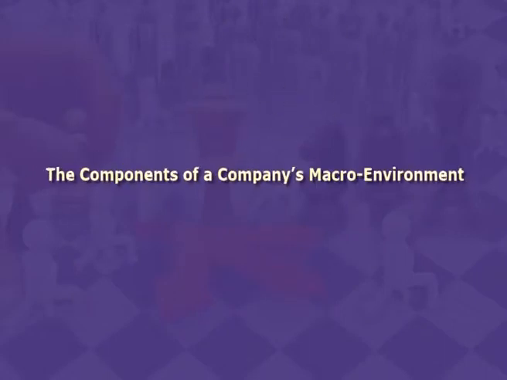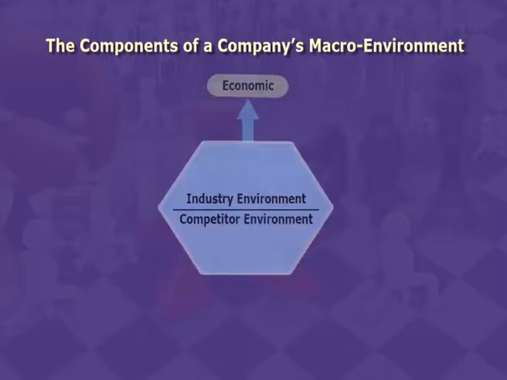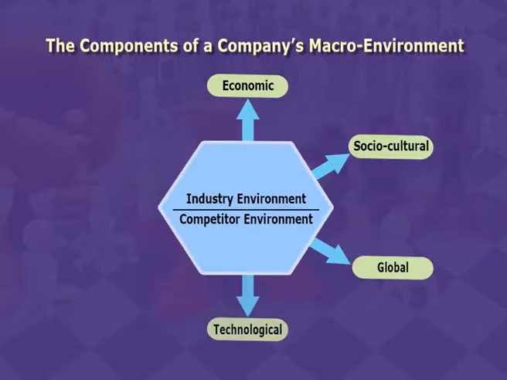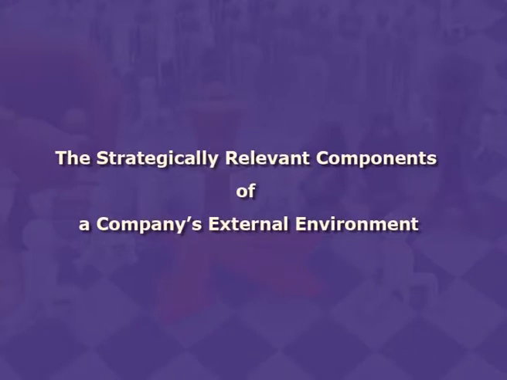Now, let us discuss the components of a company's macro environment: economy, socio-cultural, global, technological, political or legal and demographic, with respect to industry environment and competitor environment. Now, we discuss strategically relevant components of a company's external environment.